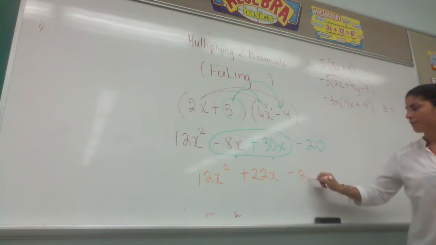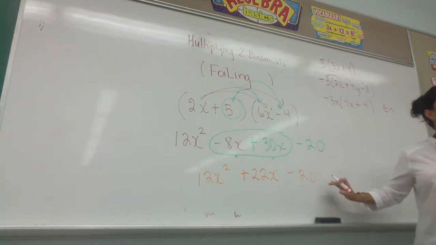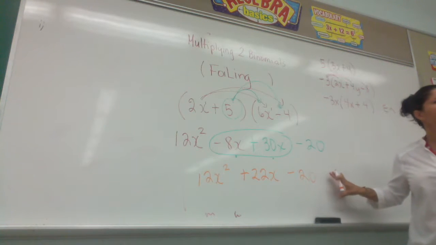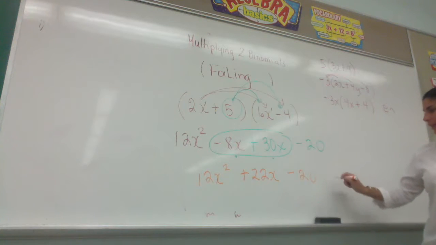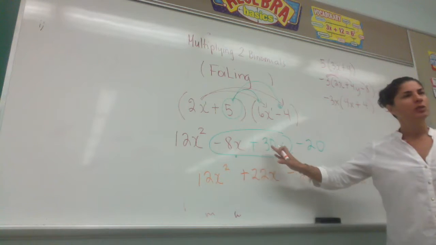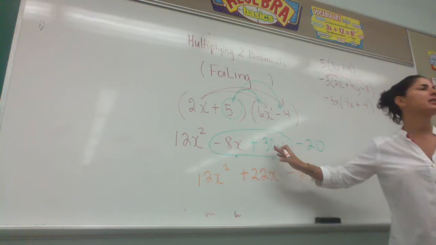So in general, 99% of the time, your final answer will be a trinomial. When won't it be a trinomial? It'll end up being a binomial when these two end up canceling each other.